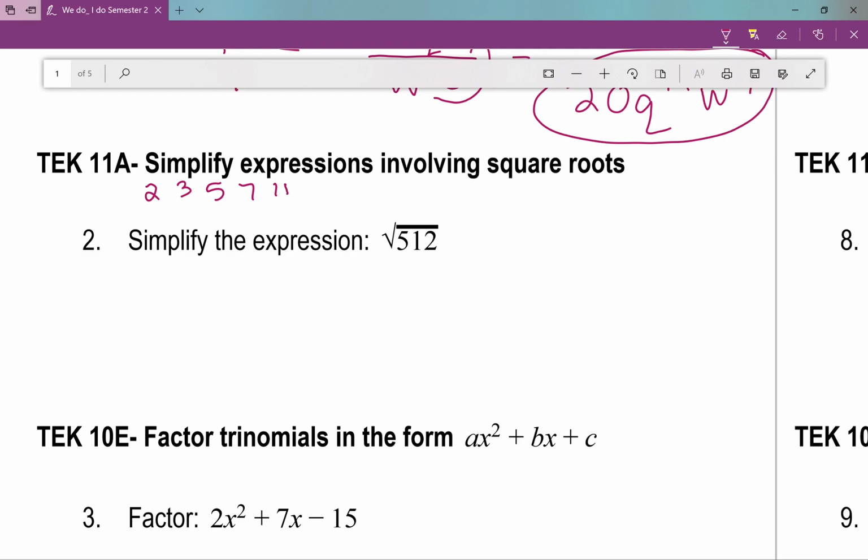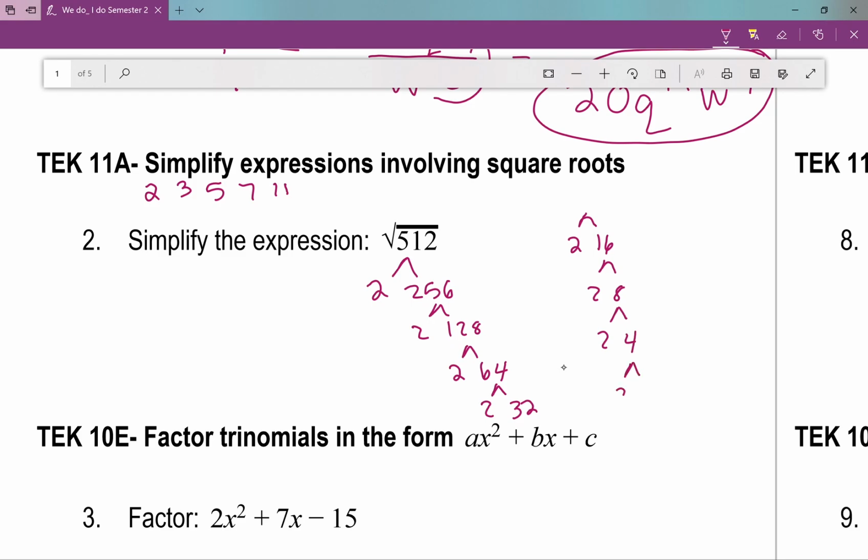We have 512, which can be broken into 2 times, let me check my calculator, 256. 256 can also be divided by 2, which gives me 128, which again can be divided by 2, which is 64, divided by 2 again, 32, divided by 2 again, we get 2 and 16, 2 and 8, 2 and 4, and 2 and 2.